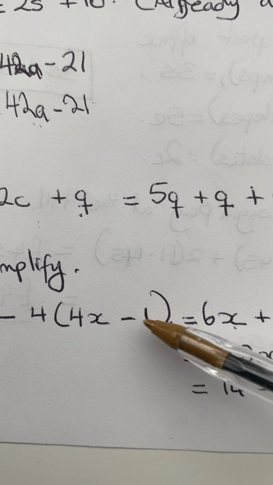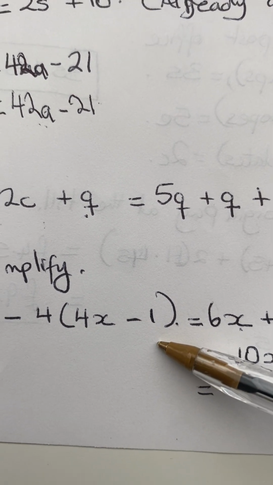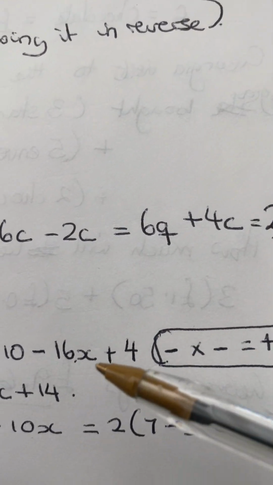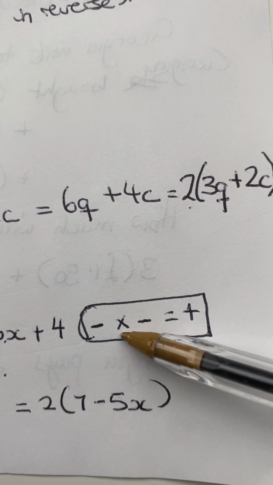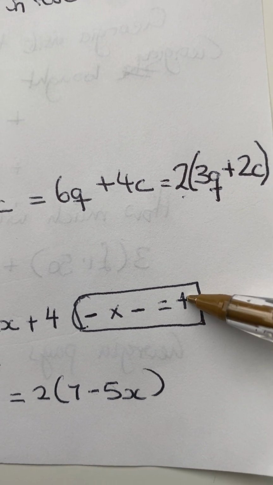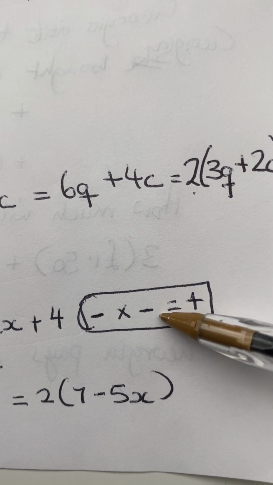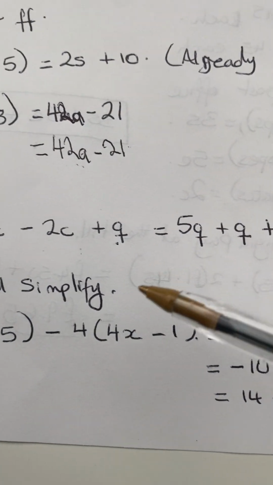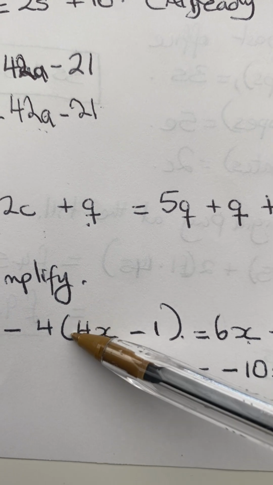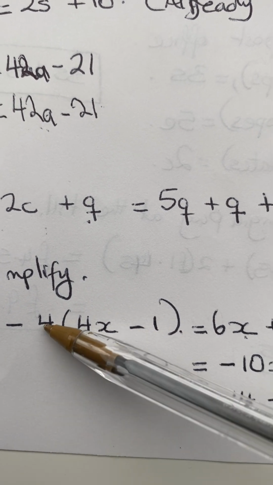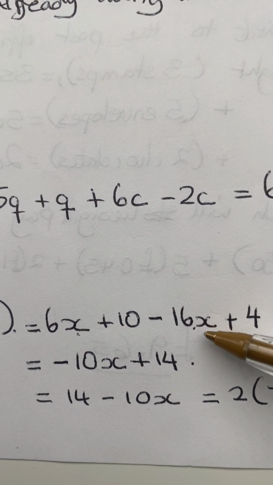If you are timesing two negative numbers, you get a positive. So straight away you have add 4. I've written it here. If you are timesing two negative numbers, you get a positive. But if one is negative and one is positive, you get a negative. So minus 4 times positive 4x, the answer will be minus 16x. That is why we have minus 16x here.